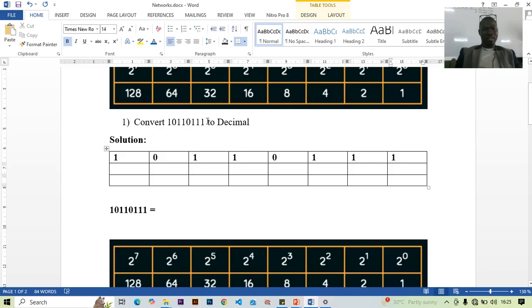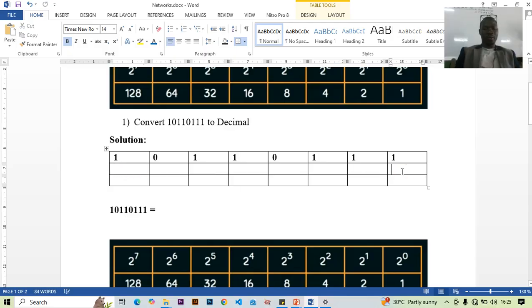We're simply going to expand this. Since it is in base 2, we're going to expand it in this manner. Let me first copy this from here.